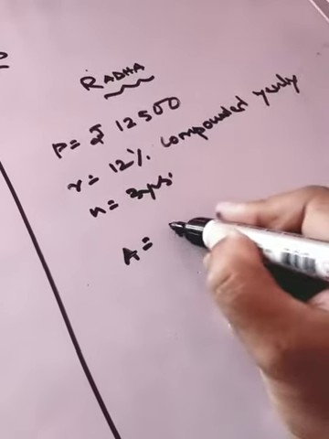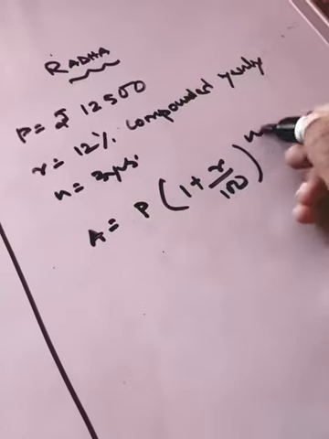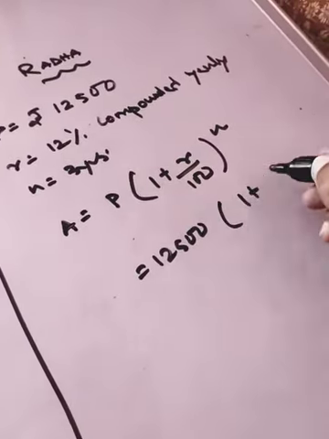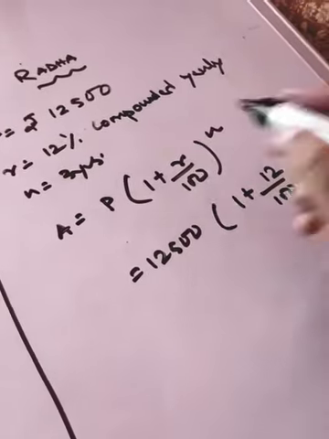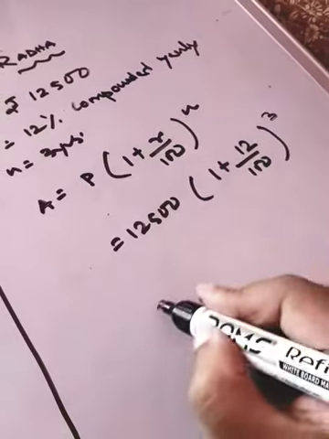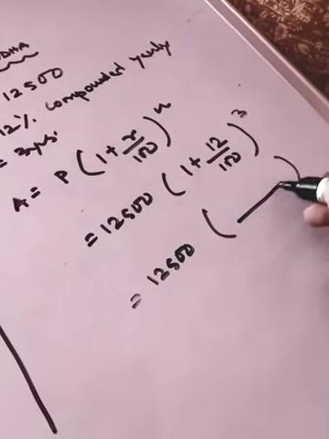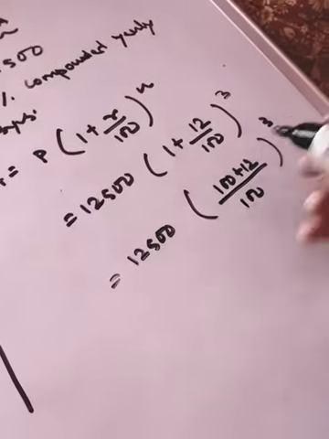The amount is equal to P into 1 plus R by 100 to the power n. Now 12,500 is the principal. 1 plus 12 upon 100, rate is 12% given and time is 3 years. So 12,500, we need to solve this bracket. That is 100 plus 12 to the power 3.